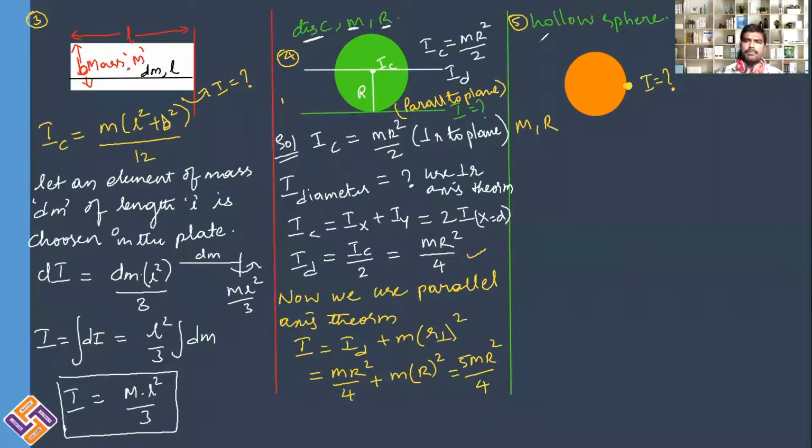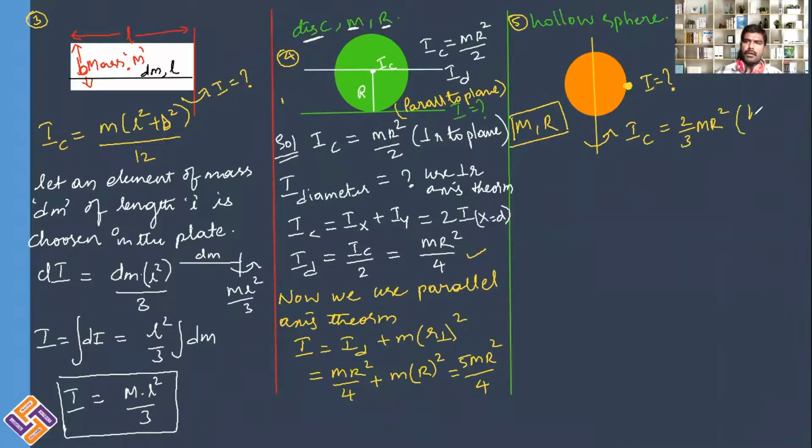Now coming to number 5, we have hollow sphere whose mass is m and the radius is r. We know axis about the center. For this sphere, moment of inertia with respect to axis about the center will be equal to 2 by 3 mr square.